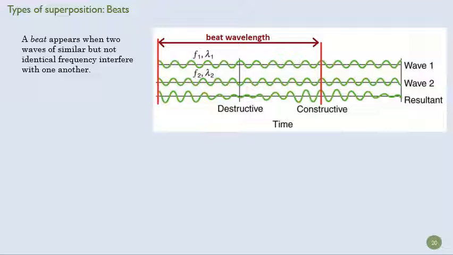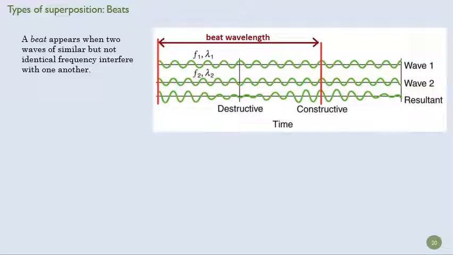A beat is similar in that it's a result of superposition. But this one appears when two waves of similar but not identical frequency interfere with each other. It's hard to see here, but this wave and this wave have very similar frequencies, but are slightly different. This one might be 20 hertz and this one is 19 hertz.